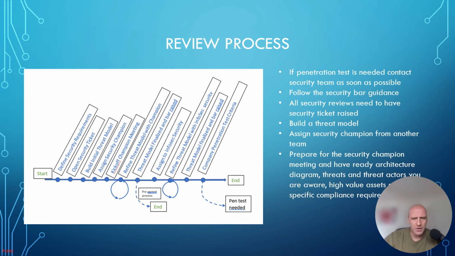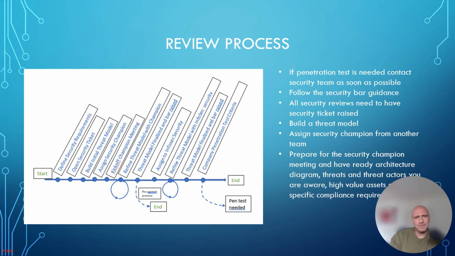Now, in the last stages, as you can see, we look after that final refinement period with the information security. If the threat and risk still exceeds the security bar, we qualify the company penetration test criteria and we quantify whether we will need a penetration test. So that's the key point of where we need to open security ticket and inform information security team how the process is happening and whether we potentially might need a penetration test, because normally penetration test is not something that information security team can do with a very short notice.